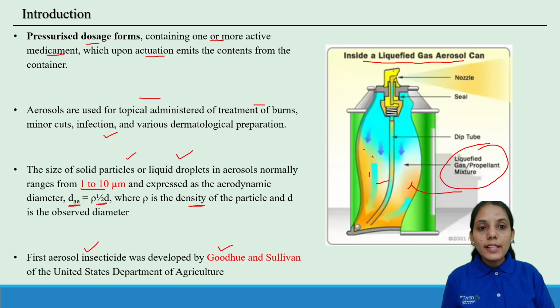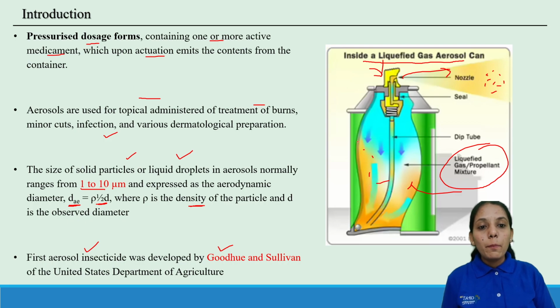Whenever you press this nozzle, the liquid will come outside, and you know the atmospheric pressure is less, because of which the liquid will convert into gaseous droplets.